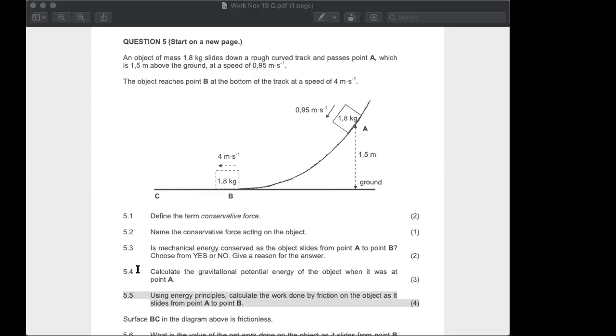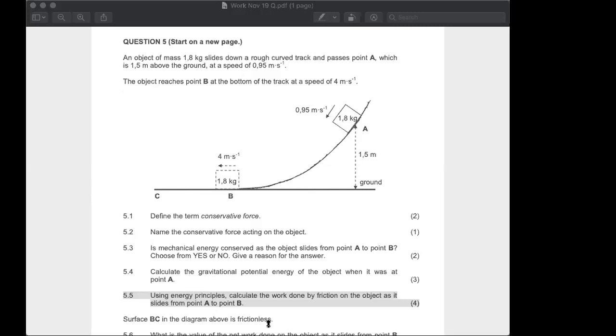Right. So while you are busy, I just want to ask you, what are you going to use? You're going to use W nc equals delta EP plus delta EK, or you're going to use W net equals delta EK.